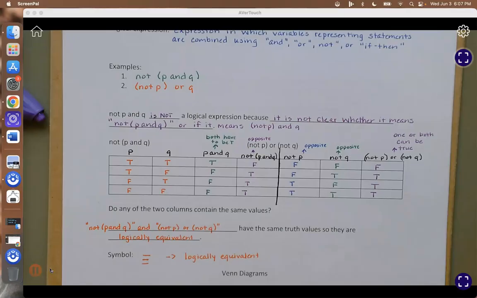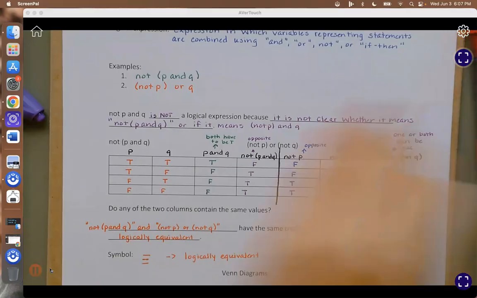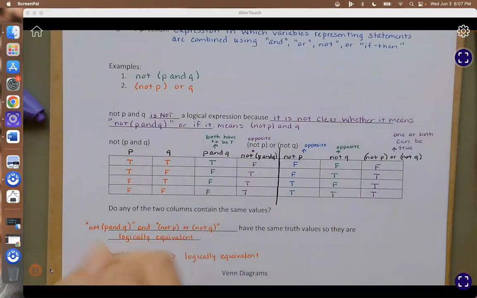Okay. Now let's look at this in terms of Venn diagrams. You know how we did that in the previous lesson. So we have not P and Q. Okay? So P and Q is right here.